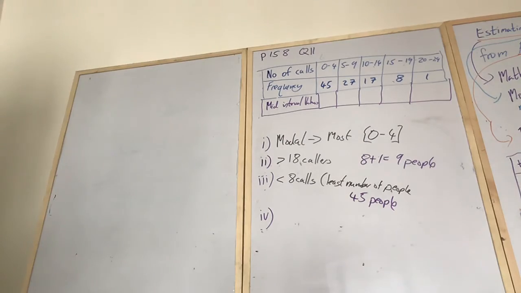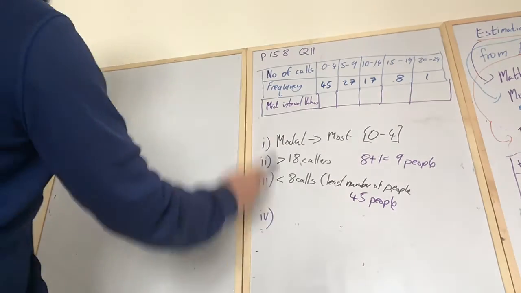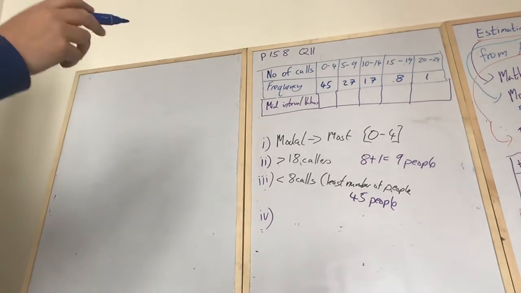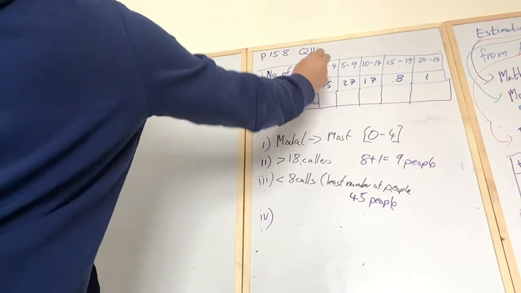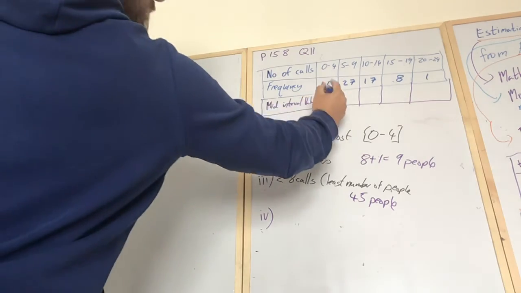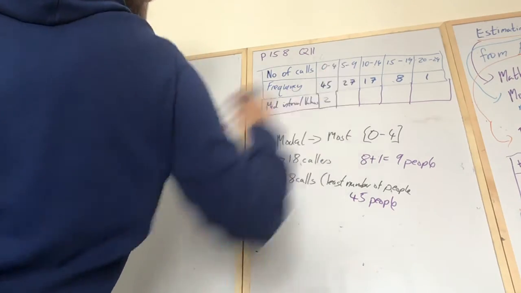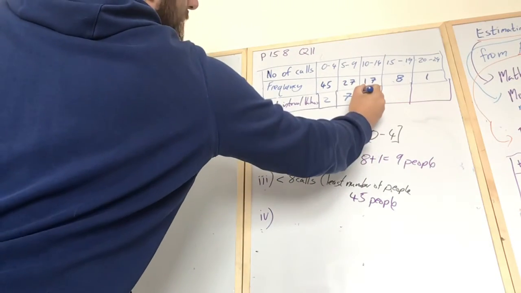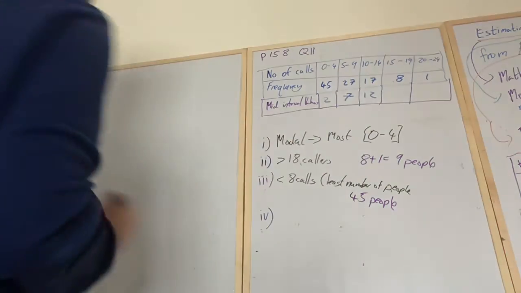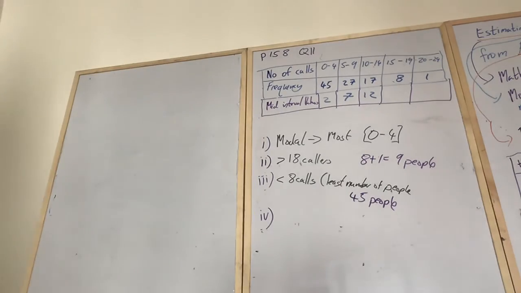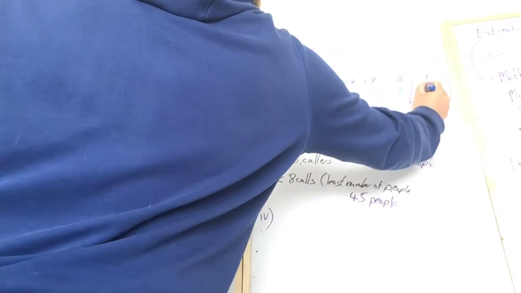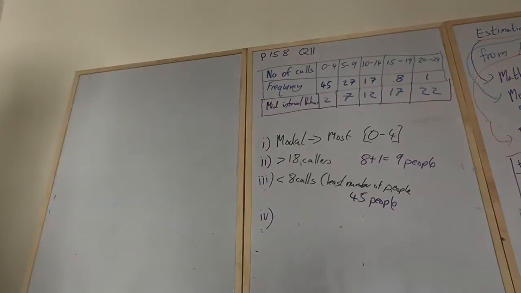If you hadn't drawn the table, I would suggest you draw all 3 columns, and we find the mid. So we add 0 plus 4, it's 4 divided by 2, so halfway between them is 2, halfway between 5 and 9 is 7, halfway between 10 and 14 is 12, halfway between 15 and 19 is 17, and halfway between 20 and 24 is 22.